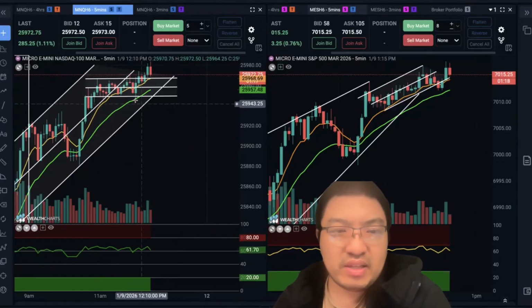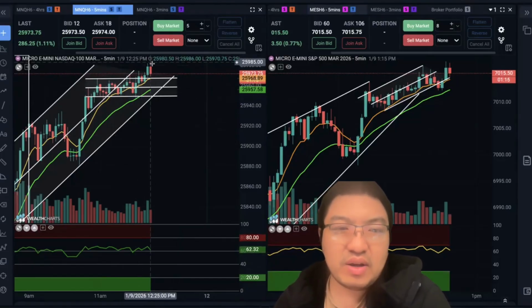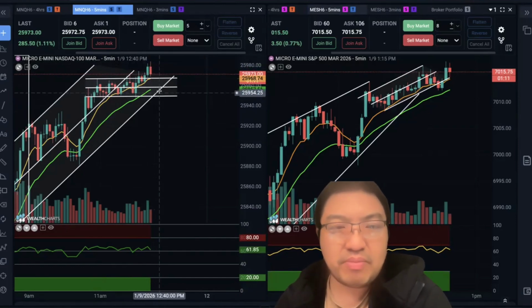It triggers my stop loss and goes up, so I should be profitable, and it triggers my stop loss and goes back.